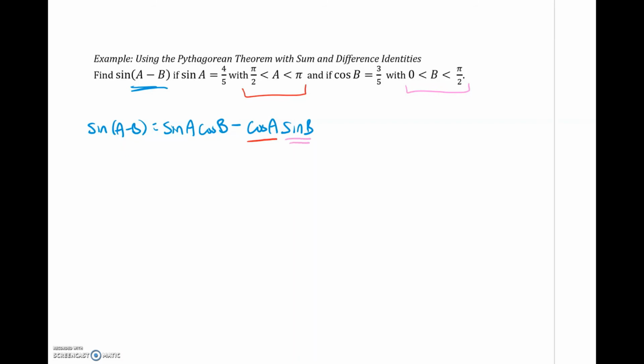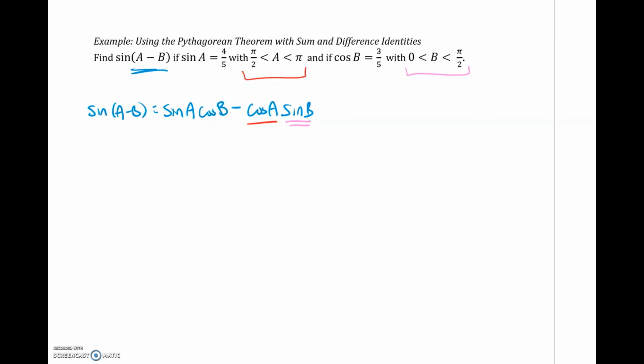So this is actually where the Pythagorean theorem could come in handy. So let's kind of interpret the situation with the angles themselves, and then we'll come back to actually solving for sine of a minus b. Okay? So starting off with sine of a. So if we know sine of a equals 4/5, remember sine is opposite over hypotenuse.